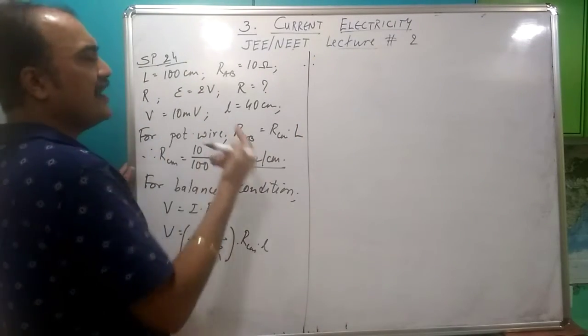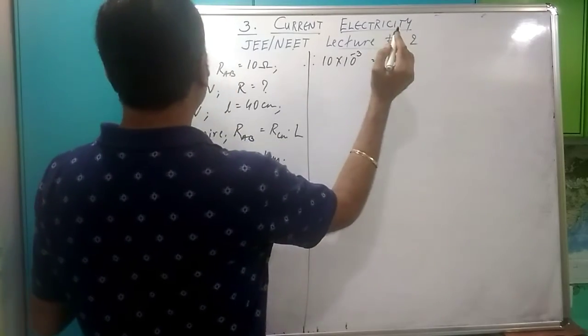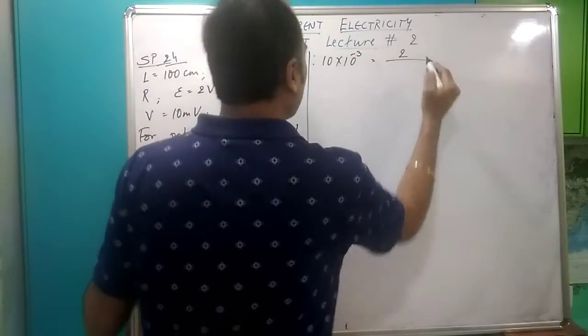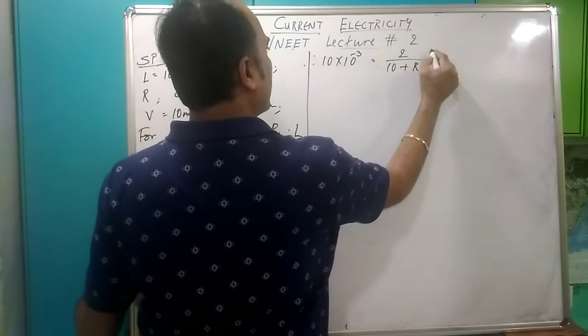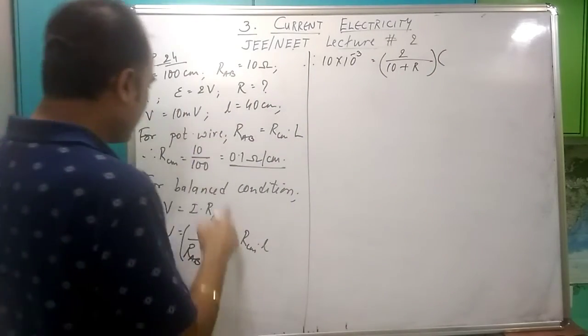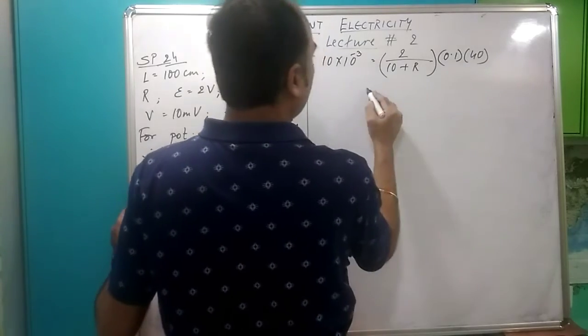So 10 millivolt, that's 10 into 10 raised to minus 3, and that is equal to epsilon 2 over RAB which is 10 plus R, the whole into how much is R per cm? 0.1 into 40 centimeter.